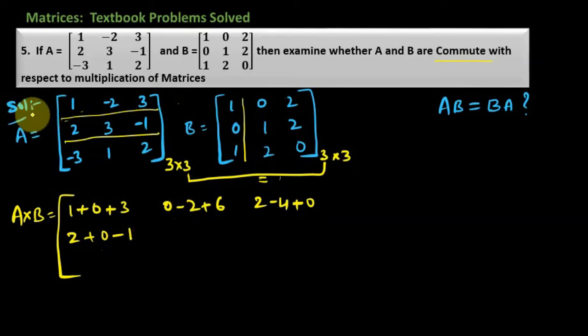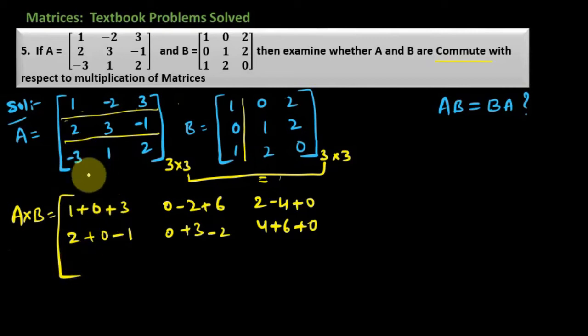Similarly, 2 into 0 is 0, then 3 into 1 is plus 3, then minus 1 into 2 is minus 2. Last, 2 into 2 is 4, then 3 into 2 is plus 6, minus 1 into 0 is 0.